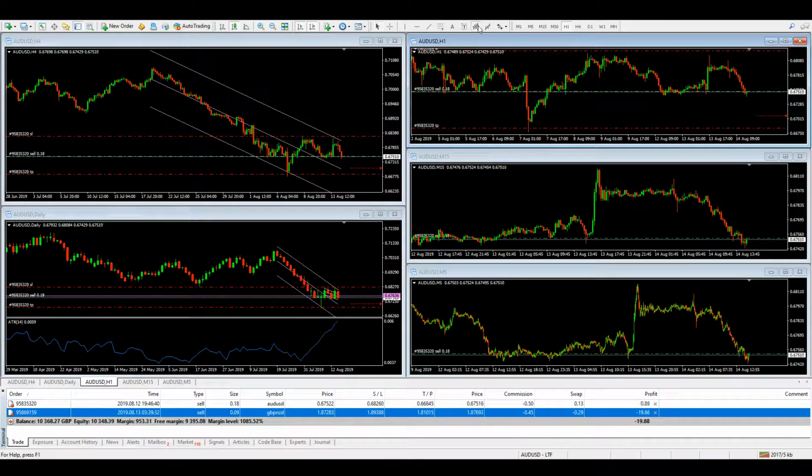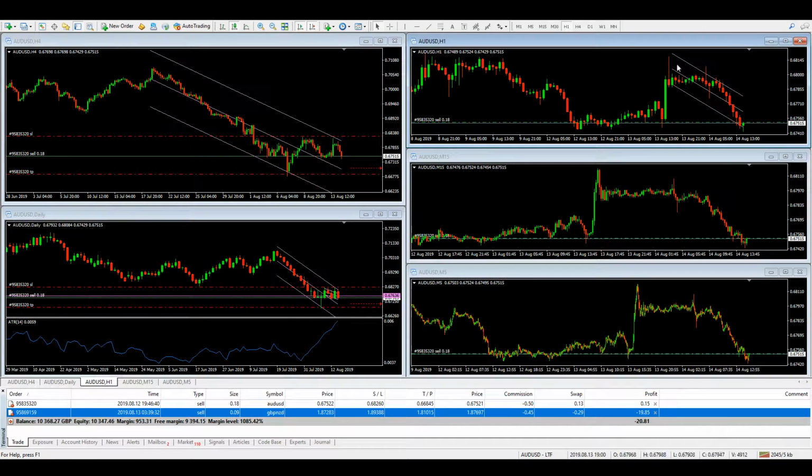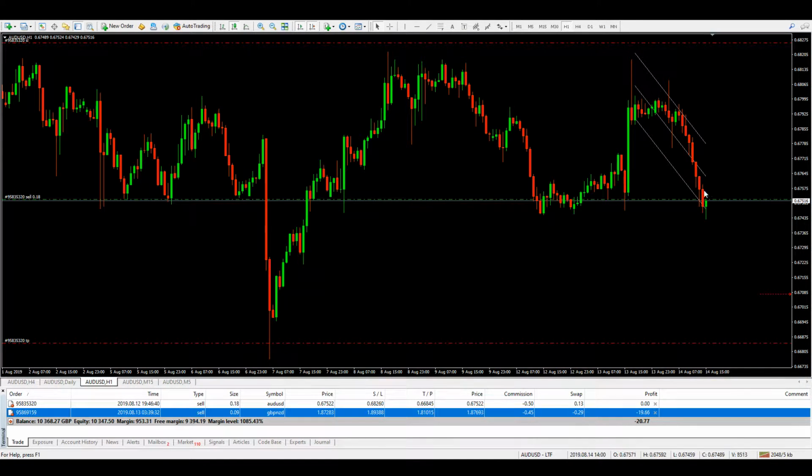I could arbitrarily go for this take profit that I have here, but a smarter way to play this and really milk the profit out of it is to use the price structure to dictate how I exit. In a downtrend, we're anticipating lower lows and lower highs. With each lower high that occurs, that gives a reference point for the stop loss.